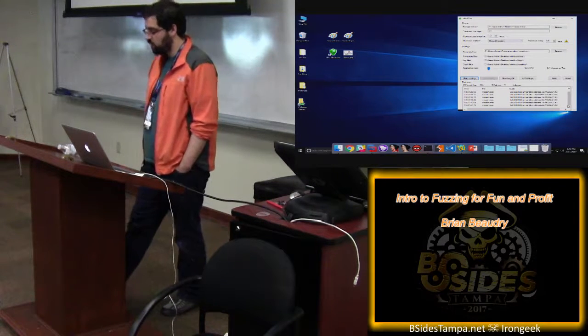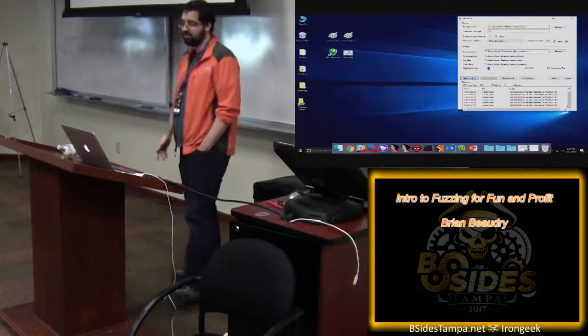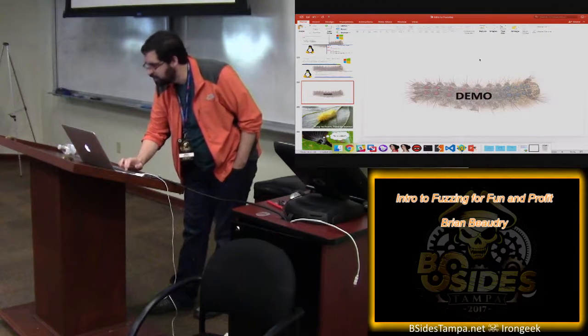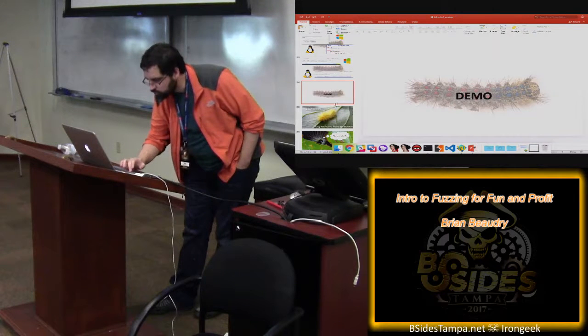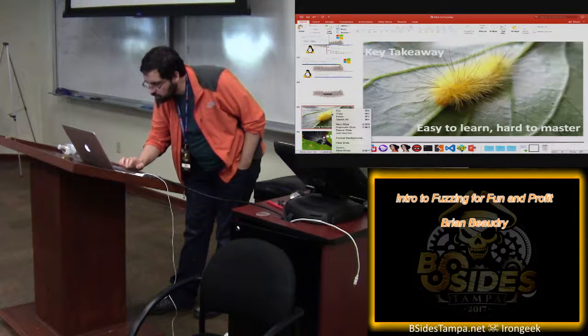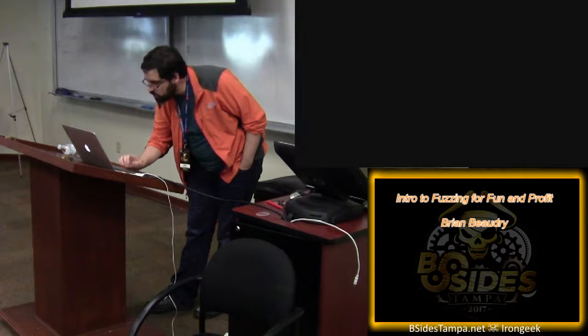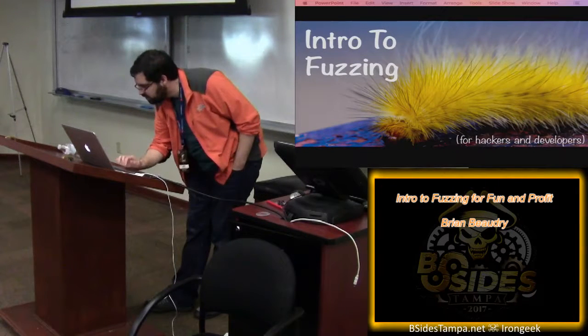I really don't care enough to figure out why, but just be aware that sometimes in your fuzzing you can find false positives. So that's a really simple example of fuzzing on Windows. Sorry about that.